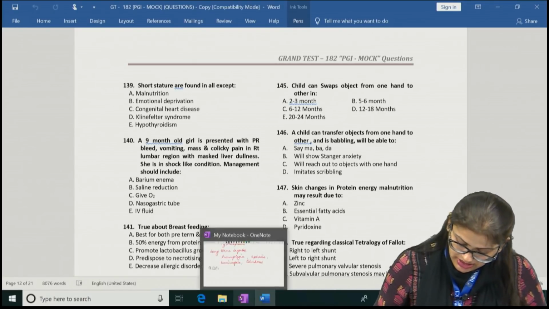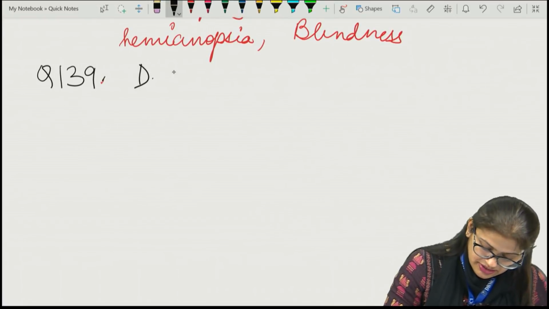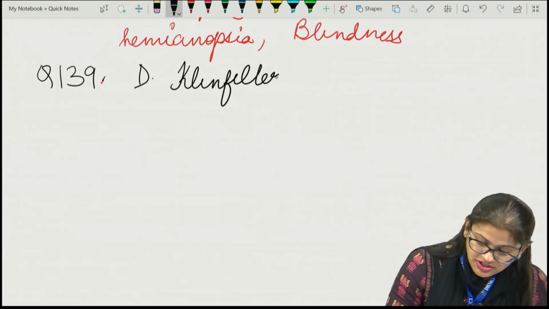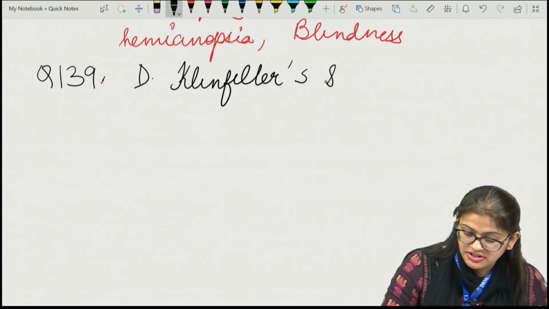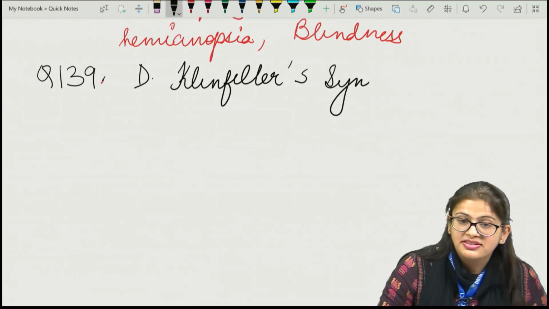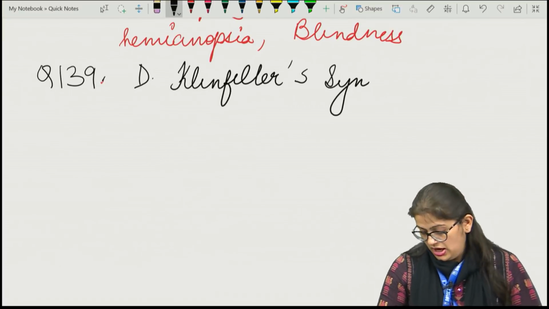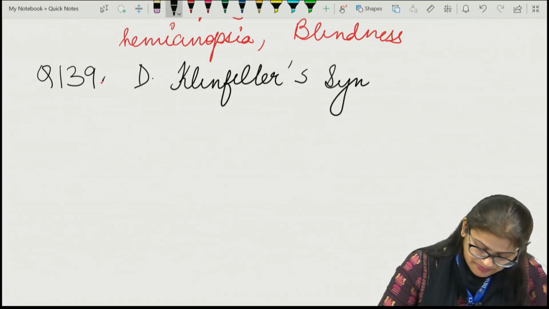So the correct answer is D, Klinefelter's syndrome. Why is this the right answer? Because in Klinefelter's syndrome, you find tall stature and not short stature. This is a genetic syndrome characterized by an XXY chromosomal anomaly.